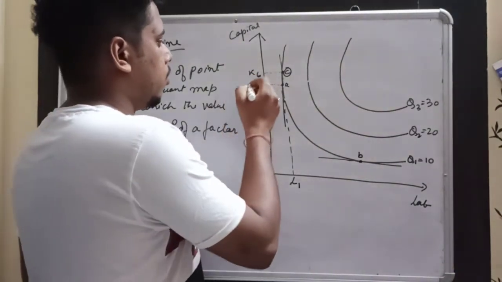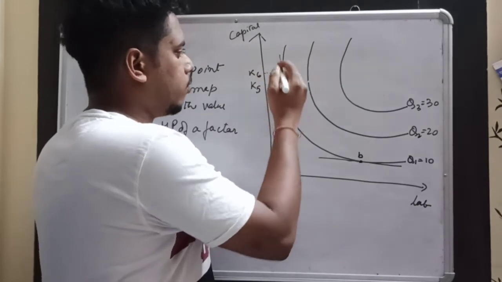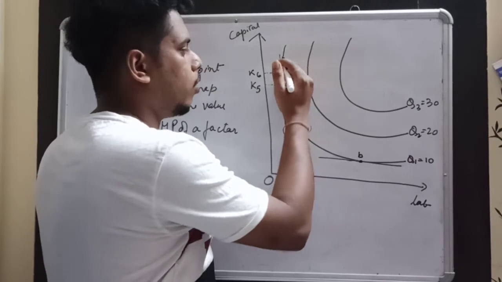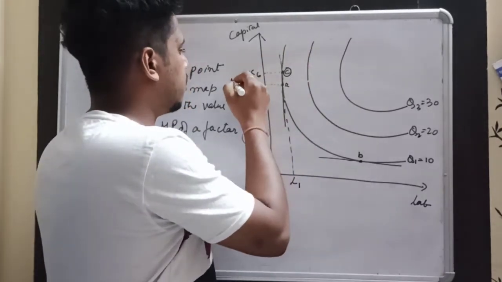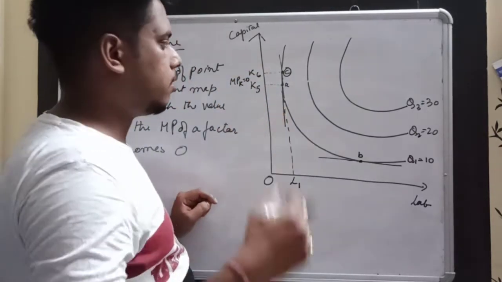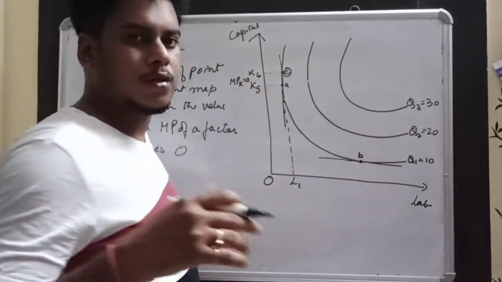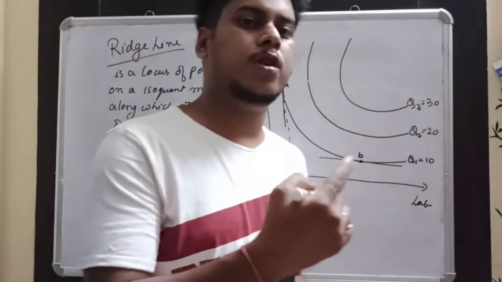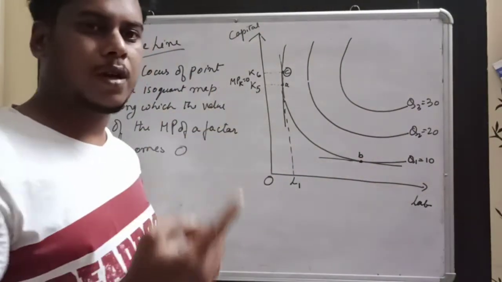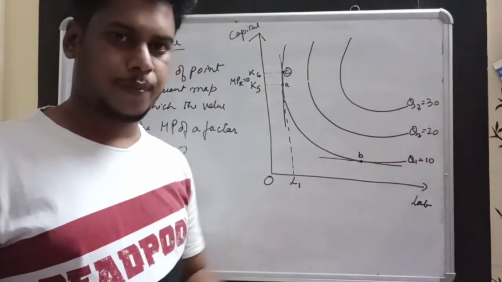So over here, what are we basically witnessing? As we go on moving ahead or go beyond this point A, the marginal product of capital becomes zero. The productivity of capital is becoming zero. Why are we saying this? Because after 5 units of capital, if I add one more unit of capital, say 6 units of capital, the extra 1 unit of capital is not giving me anything extra in the form of output.